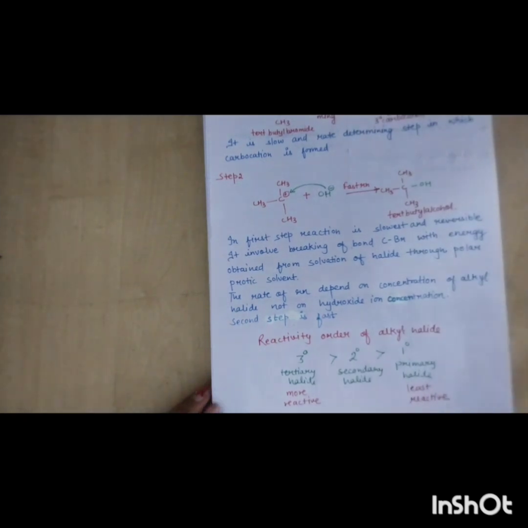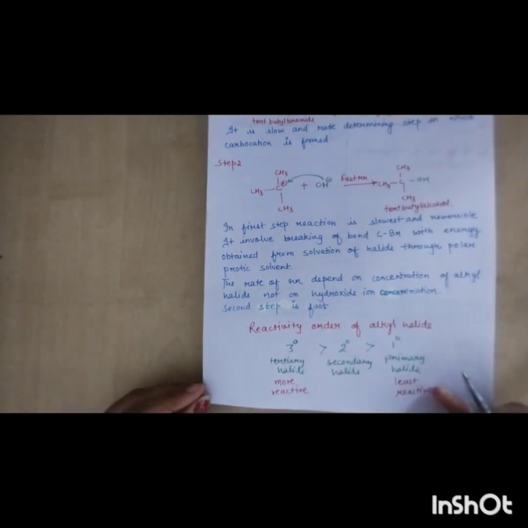Here tertiary halide is more reactive and primary halide is least reactive. These are all the SN2 and SN1 reaction characteristics.